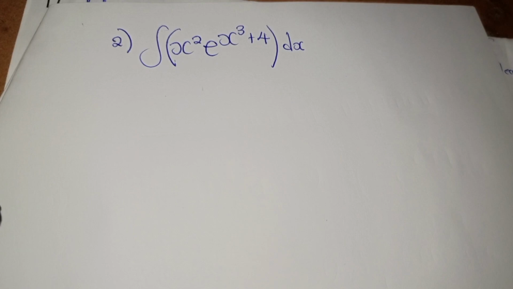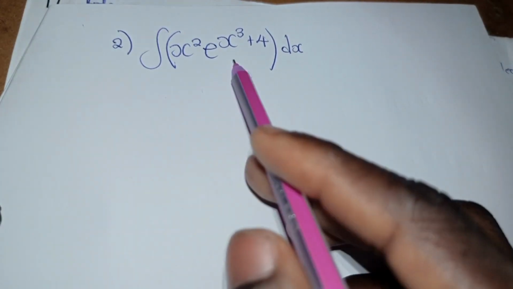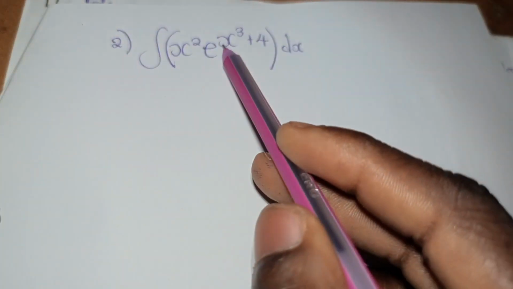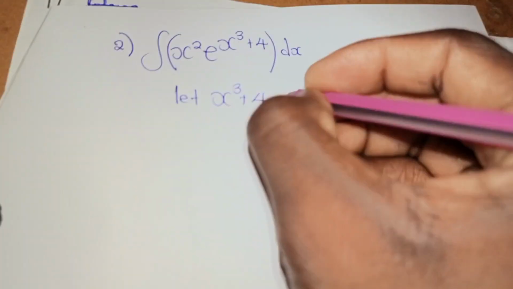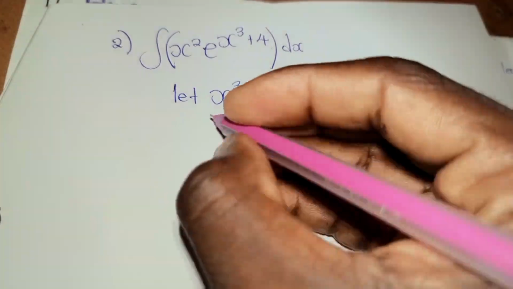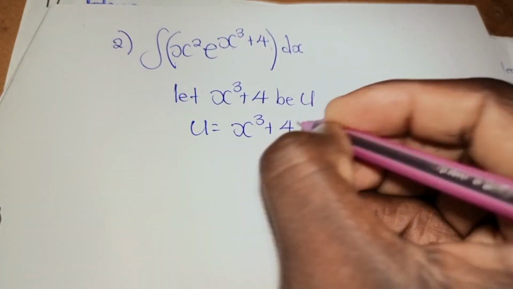So from here again we have the second example, which is x squared times e to the power x cubed plus 4. Remember, this is a product of functions, where we get the complicated one, the power of the exponent. So we'll say let x to the power 3 plus 4 be any letter, but in this case we'll let it be u. So u is equal to x to the power 3 plus 4.